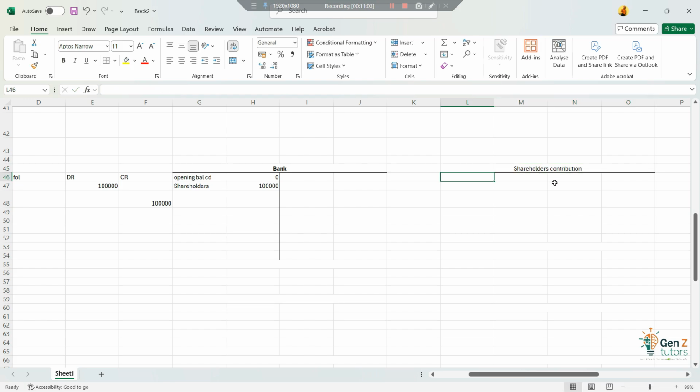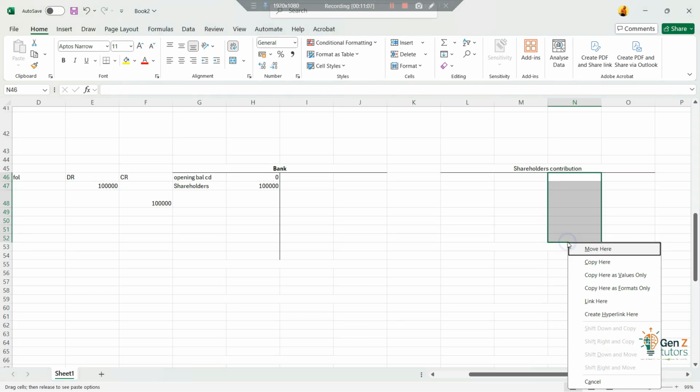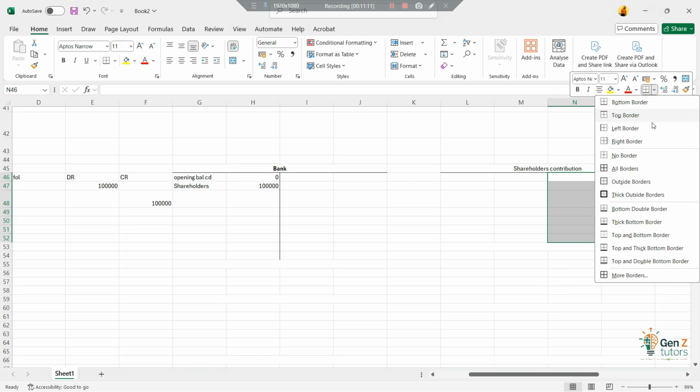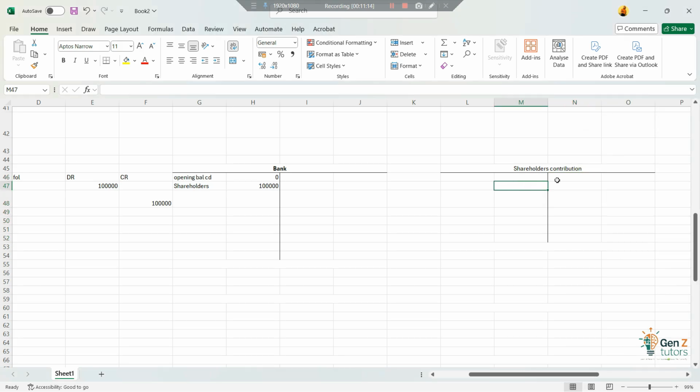And then on creating the shareholders contribution ledger, what shall we have? We shall have the beginning of the year, which we had the opening balance carried down, it's fine, even if I didn't write the full thing. And then we had what? We had nothing at this point in time.